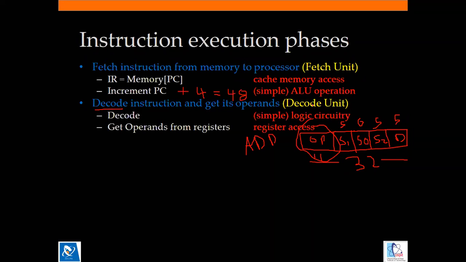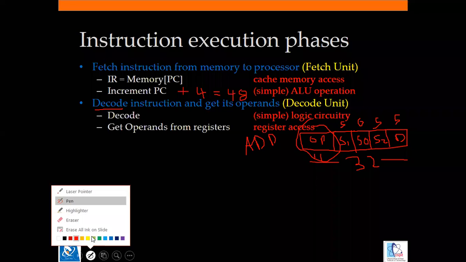The hardware that performs this is known as the decode unit, and basically the control unit does all of this. It has two operations: decoding the instruction, which is carried out by logic circuitry, and getting the operands from the registers, which is the register access.